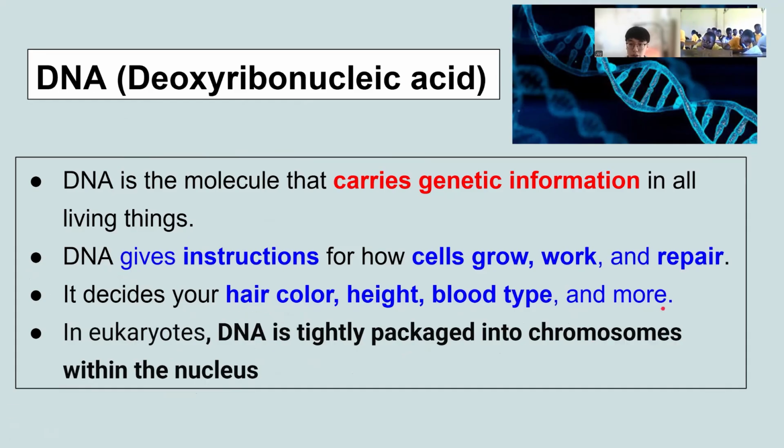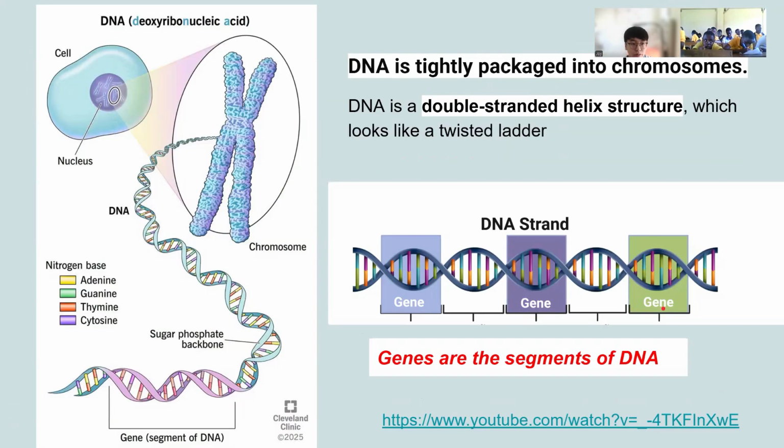So what does that mean? You can see this picture right here. Before, we just looked at this larger chromosome. This X is a chromosome. Remember, X is for chromosome. But each chromosome is made up of DNA. These strands are called the DNA.